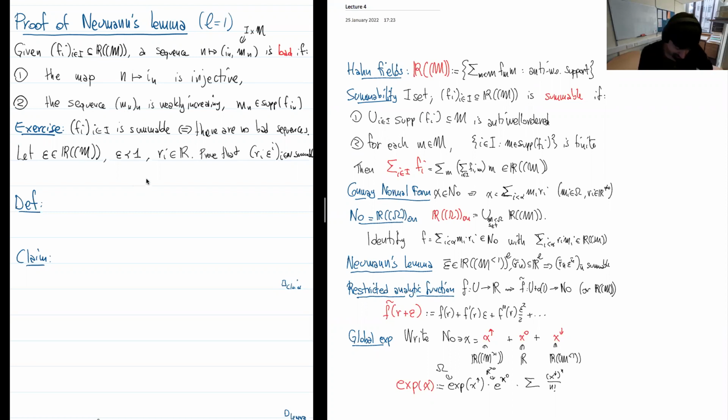Equivalently, we want to show that there are no bad sequences in this particular family, powers of epsilon times possibly a real number.